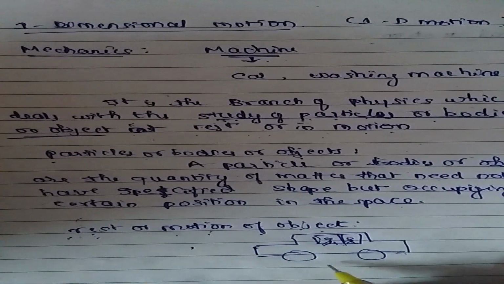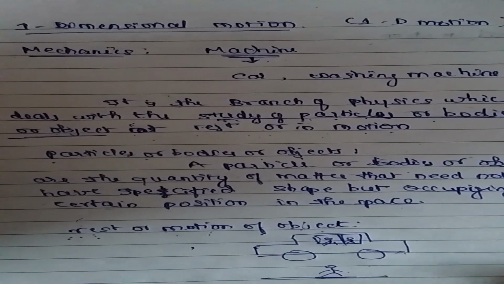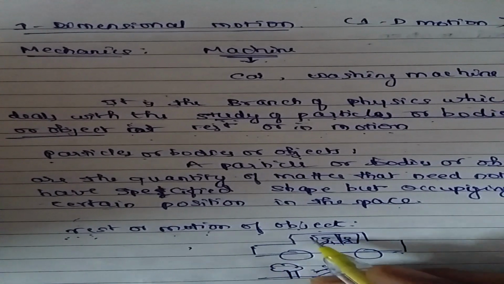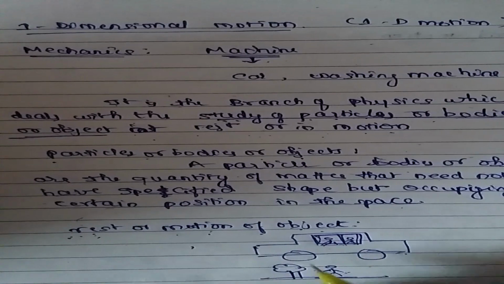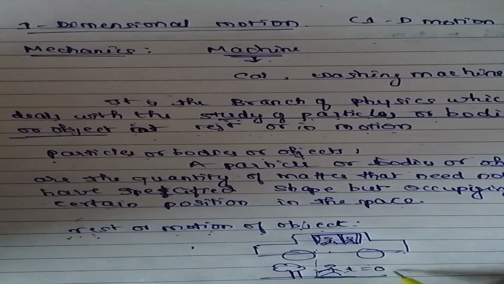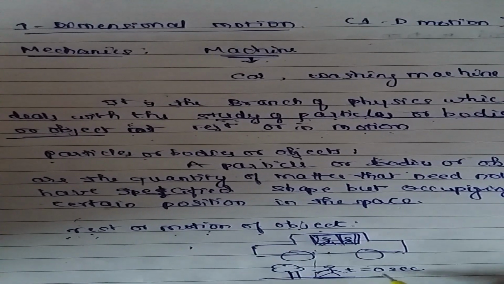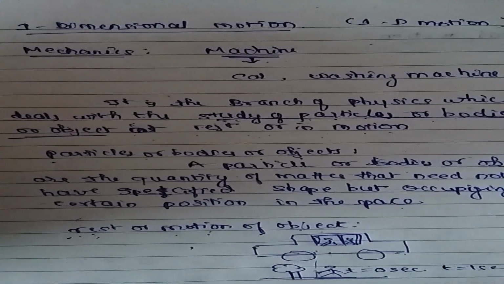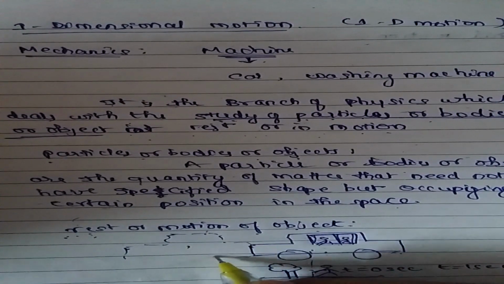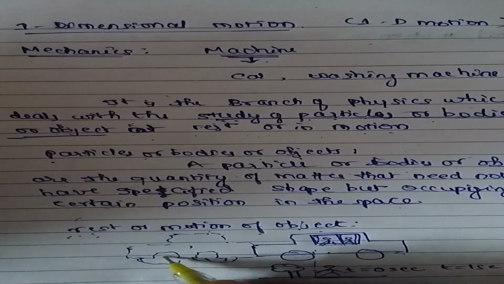Suppose you are standing beside the road, nearby there is one tree. When the car passes this position, you start the stopwatch, and at that time it is 0 seconds. Suppose after 1 second the car comes here.